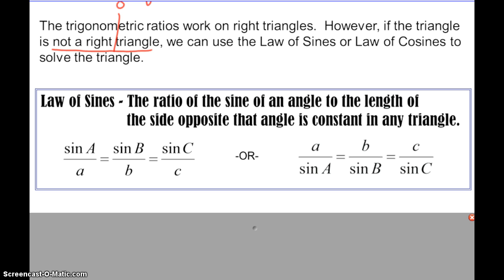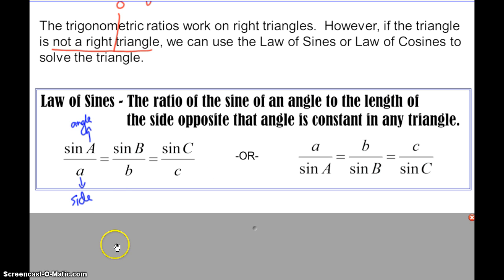When I draw and label a triangle, the side and angle that are opposite each other always use the same letter, but remember, angles are capital letters and lowercase letters are sides. So sine A means the sine of angle A. Lowercase a means the side length that is opposite that angle, side A.